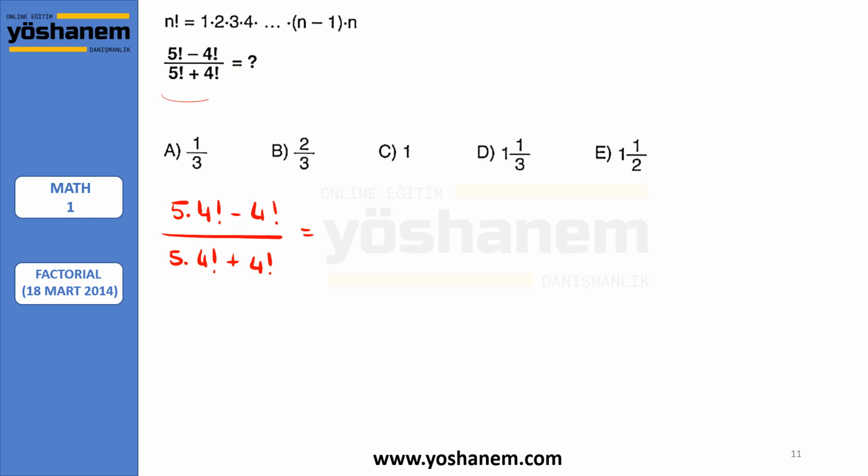Let's factor out 4 factorial. 5 minus 1, right? And here, if I factor out 4 factorial, I'll have 5 plus 1. Cancelling 4 factorial, I'll have left 5 minus 1 is 4 and 5 plus 1 is 6.